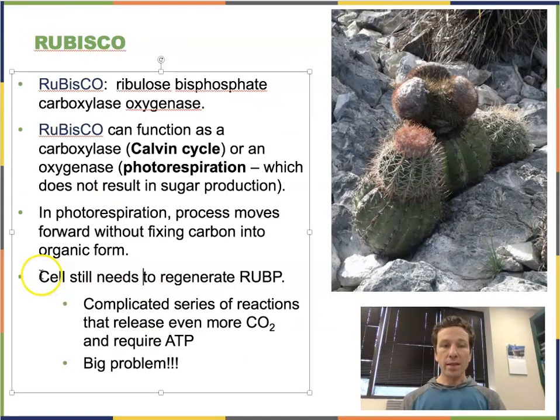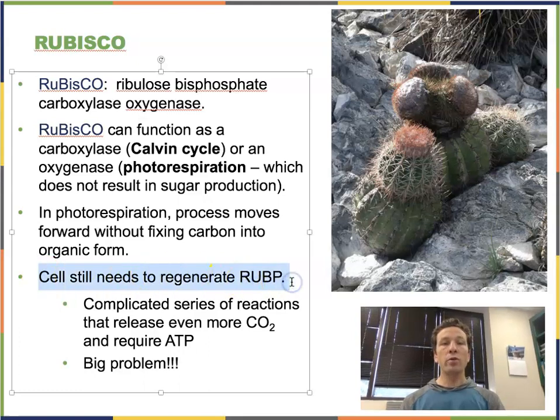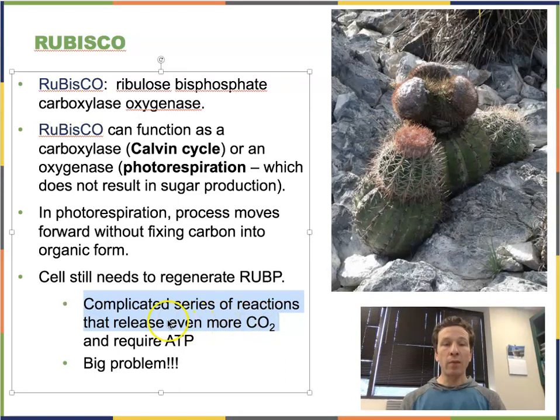Plants, in fact, do have a way to regenerate RuBP molecules if accidentally oxygen is incorporated instead of carbon dioxide. It's a complicated series of reactions. It involves 3 different organelles, including the chloroplast, and rather than bringing in carbon dioxide, it actually causes the release of carbon dioxide.